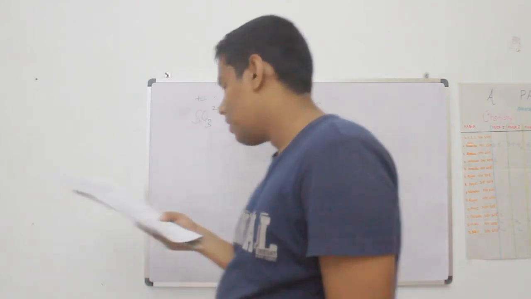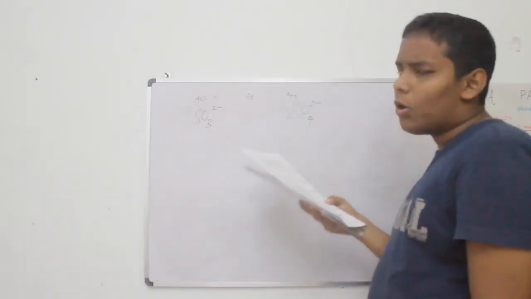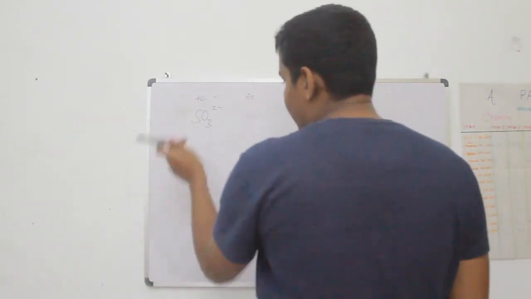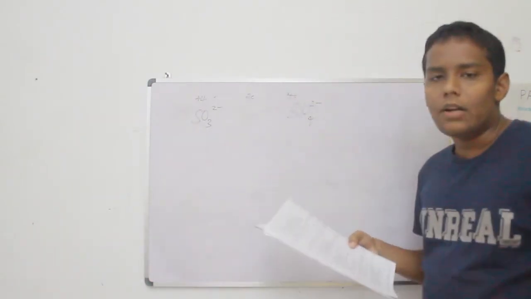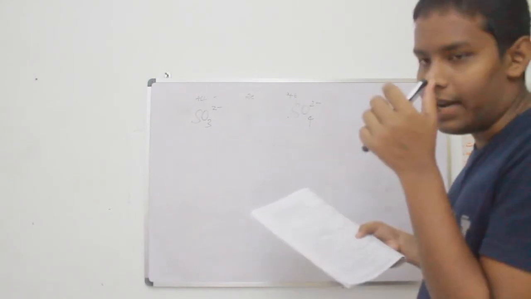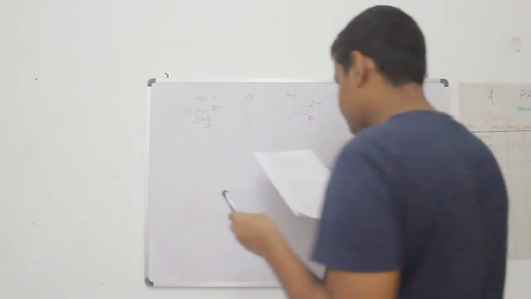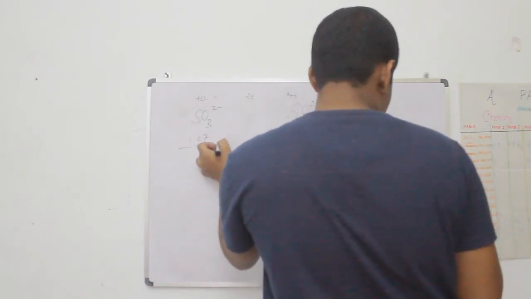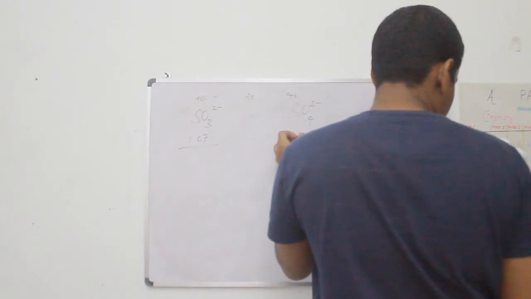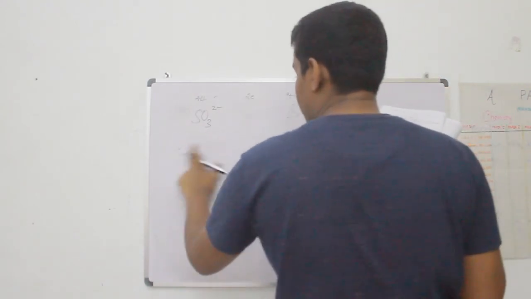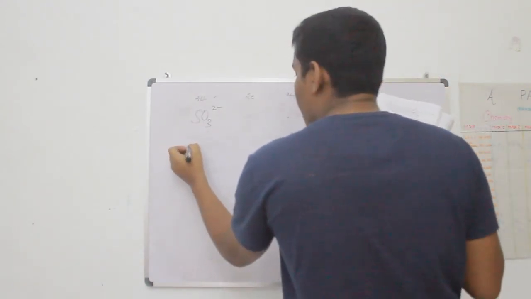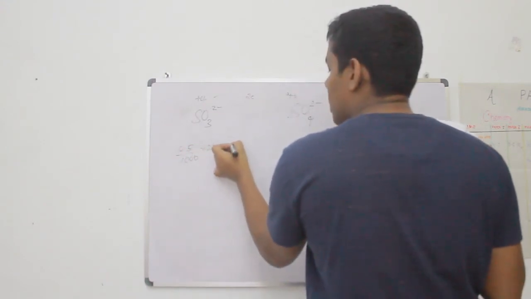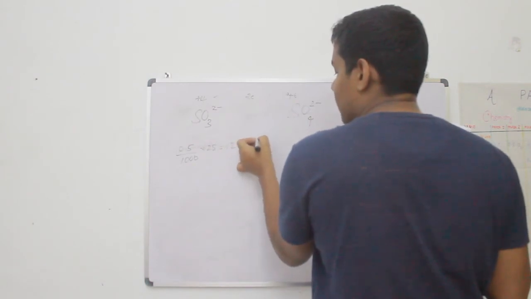So you know the number of moles of Na2SO3, which will be equal to the number of moles of SO3 2 minus. The number of moles of Na2SO3 is 0.5 over 1000 into 25, so this is 12.5 into 10 to the power minus 3.